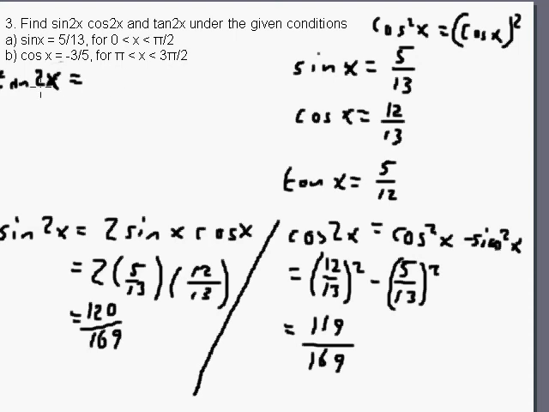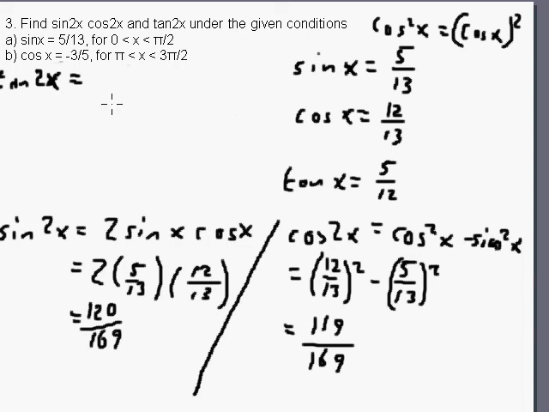The hard way is to use the trig identity. The trig identity of tan 2x is 2 tan x over 1 minus tan squared x. But nobody memorizes that, so I'm going to erase it.